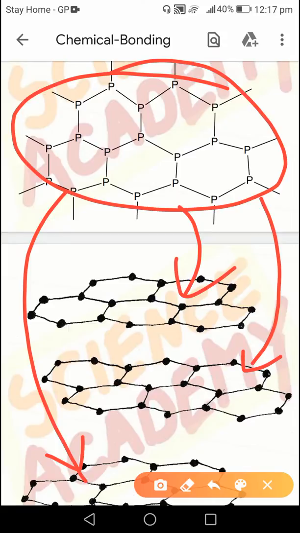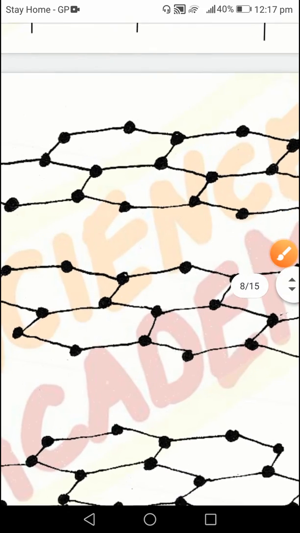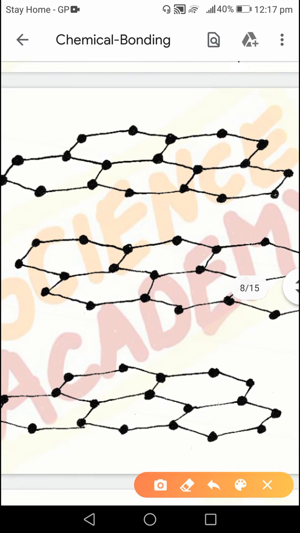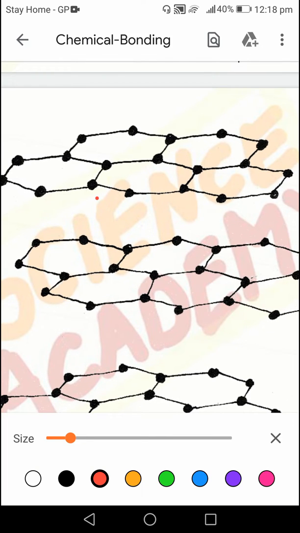And what happens is that a very weak intermolecular force, a very weak attractive force, which we call the Van der Waals force, also operates between simple molecular structures.